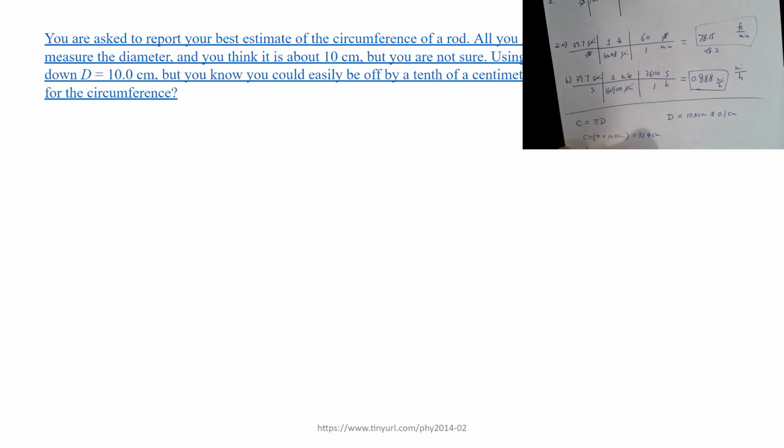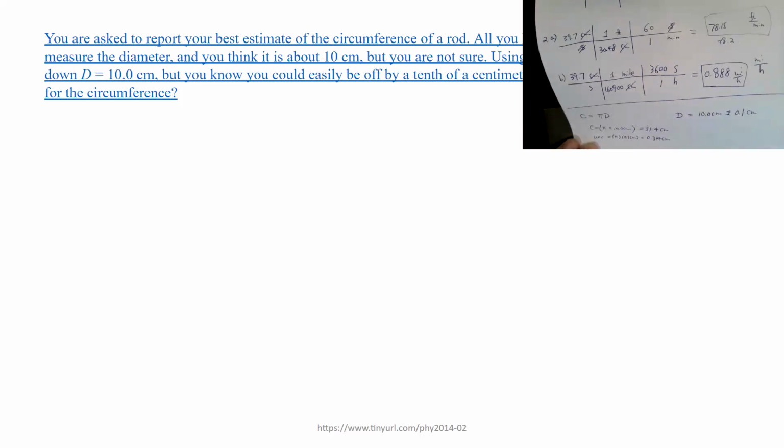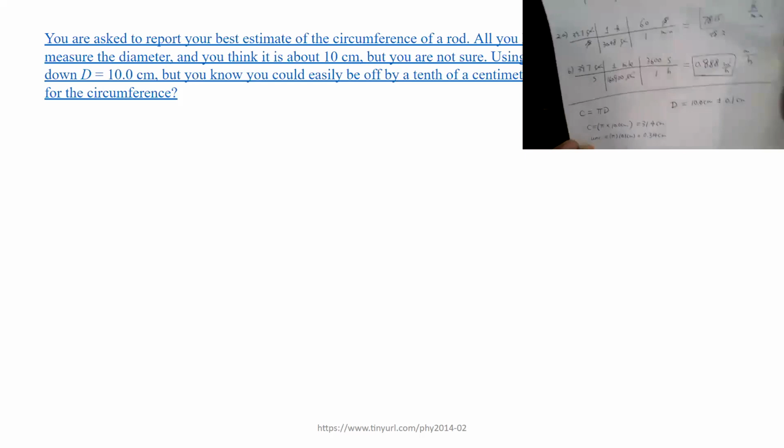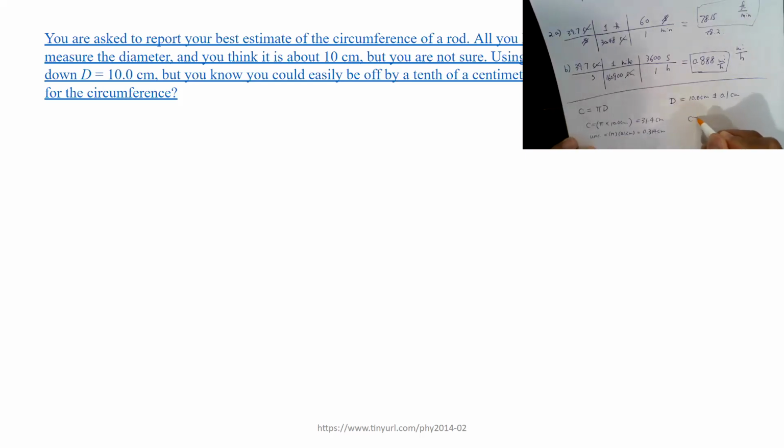Your uncertainty should be equal to pi times 0.1 centimeter, which will give you 0.314 centimeter. So then you need to report that your circumference is equal to 31.4 plus minus 0.3 centimeter. That's how you want to report it.